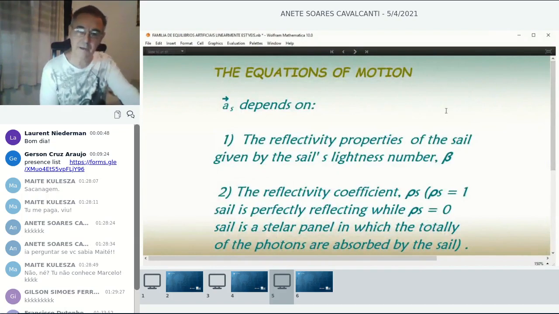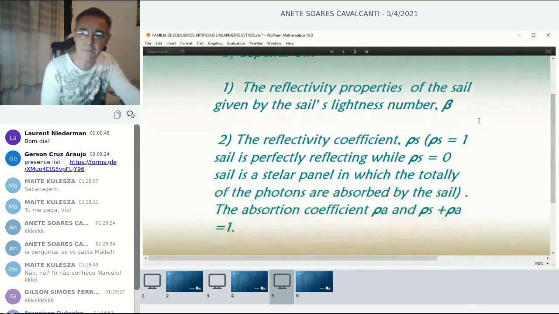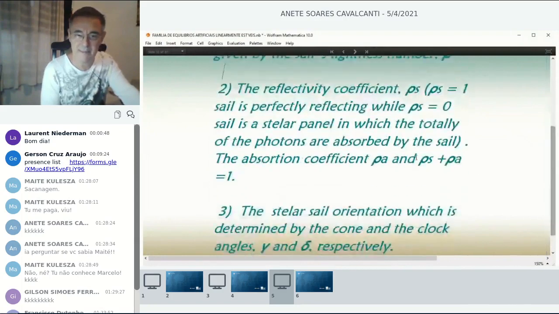The acceleration vector depends on the reflectivity properties of the sail, mainly given by the lightness number beta, and the reflective coefficient, which is ρs. ρs equals 1 means that the sail is perfectly reflecting, while ρs equals 0 means it's a stellar panel, which absorbs all the photons produced by the sun.